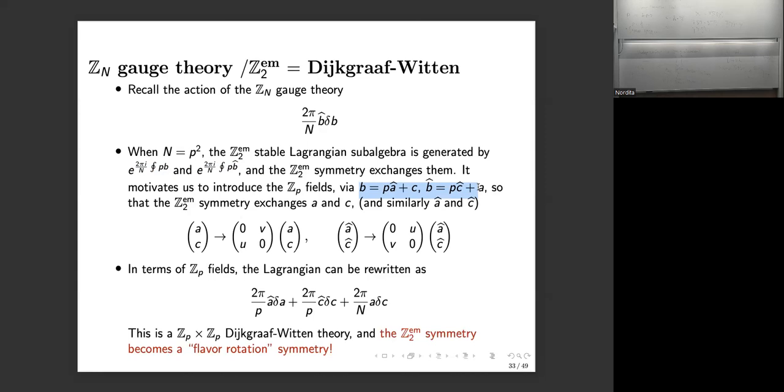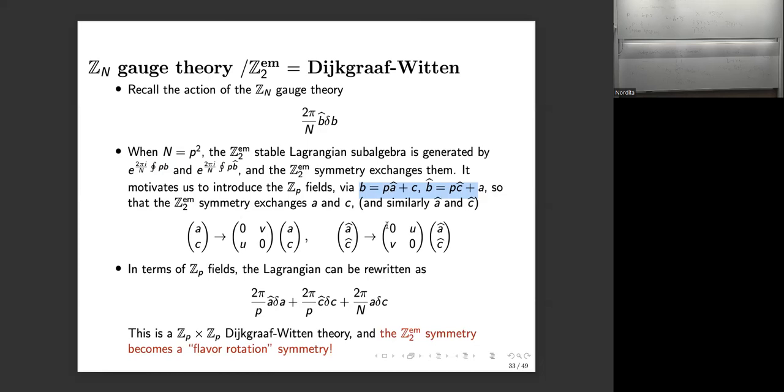Once we decompose this Zn gauge field into Zp gauge fields, two nice things happen. The first is that the EM exchange symmetry, which exchanges the B and the B hat, now becomes like a flavor symmetry, exchanging the A gauge field and the C gauge field. So it only exchanges A and C, and A hat and C hat.